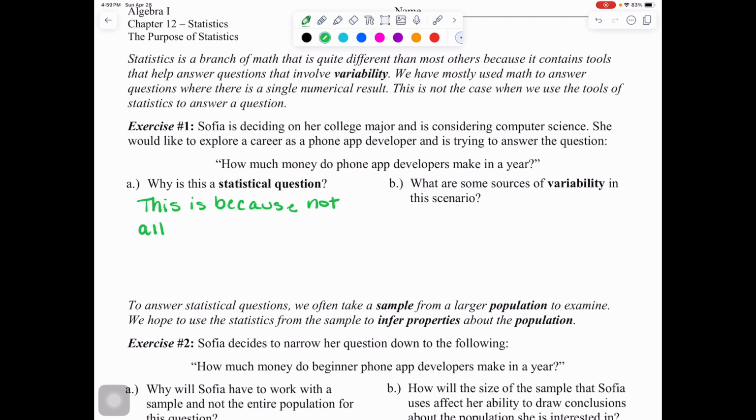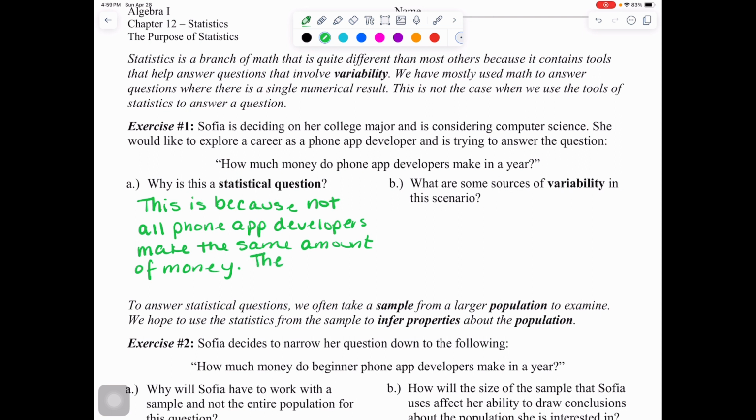So we'll say this is because not all phone app developers make the same amount of money. So that means there's variation in the answers.